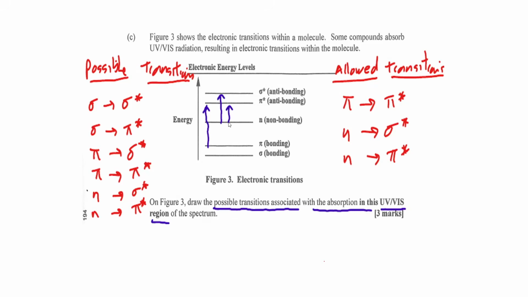So the lines that are closer together are the ones allowed. So pi to pi star is allowed, n to sigma star is allowed, and n to pi star is allowed. So these are the transitions that are associated with the absorption in this UV-Vis region of the spectrum.